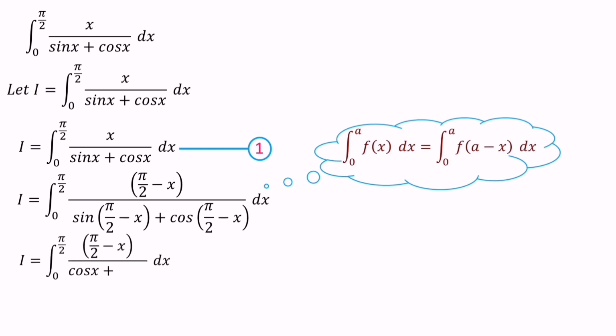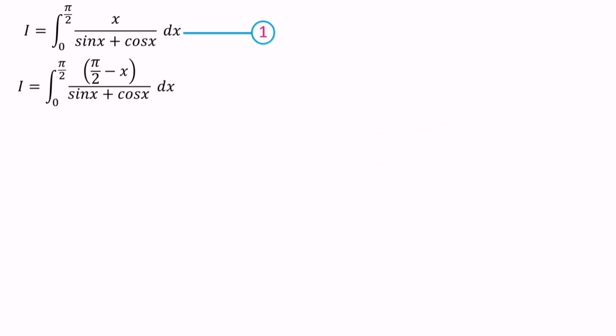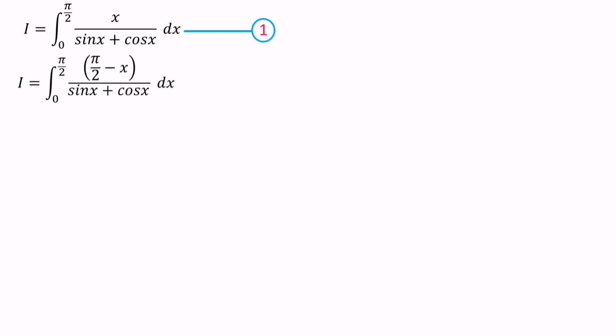Cos 90 minus x equals sin x. Then we can write capital I as integral 0 to pi over 2 of pi over 2 minus x over sin x plus cos x. Let's consider this as equation number 2.